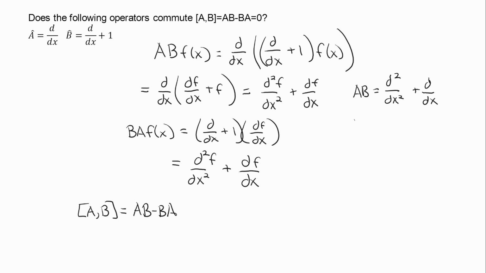And the same thing for BA: the second derivative transformation plus the first derivative transformation. So when we plug that into AB minus BA, we end up getting 0. This means that these operators do commute. And that's going to be very important, especially in quantum mechanics with something called the Heisenberg uncertainty principle.